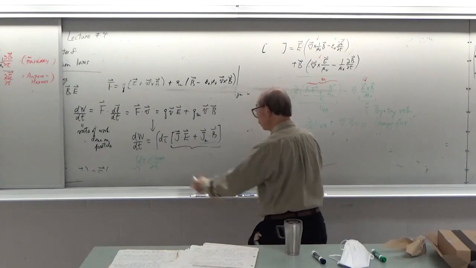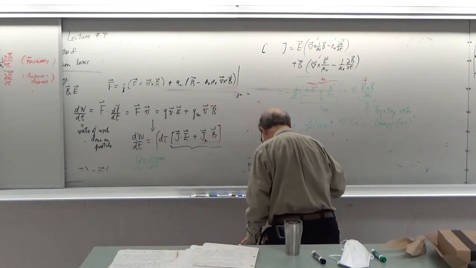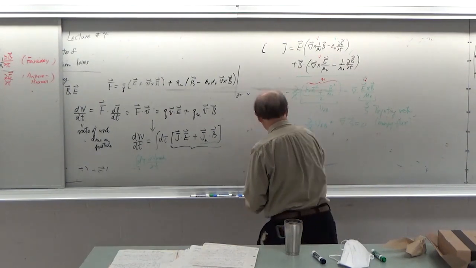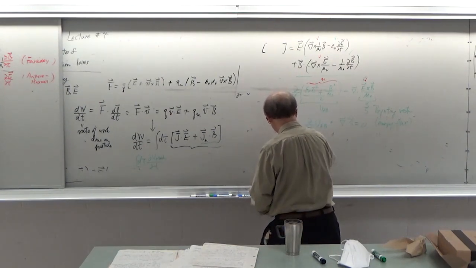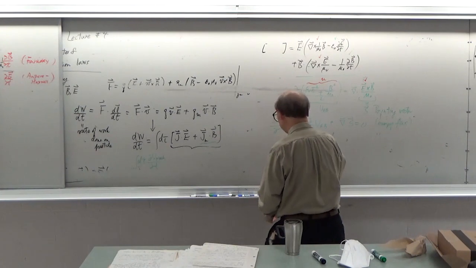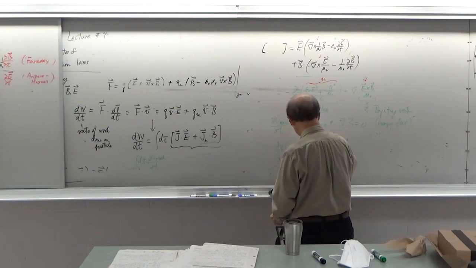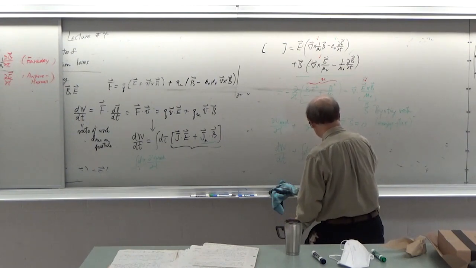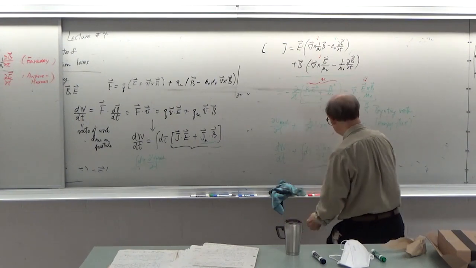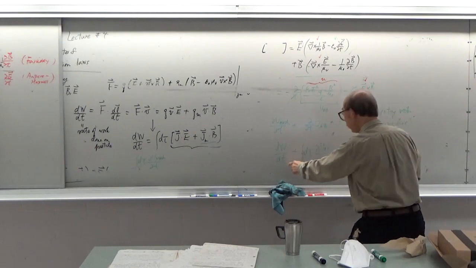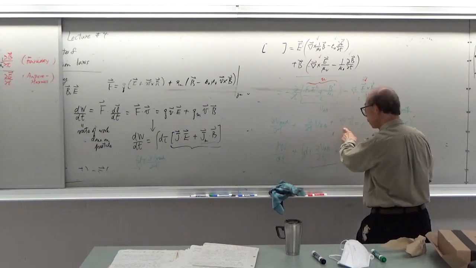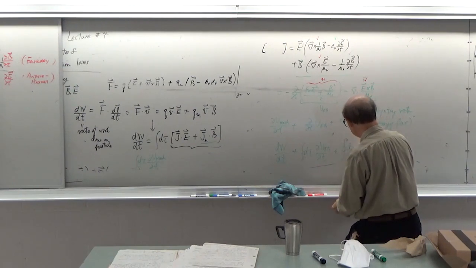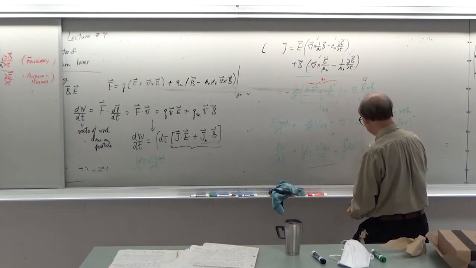of course the first one is nothing but dW by dt, plus the volume integral of del u_B by del t, plus the volume integral of the divergence, which is nothing but the area integral of that, equals 0.